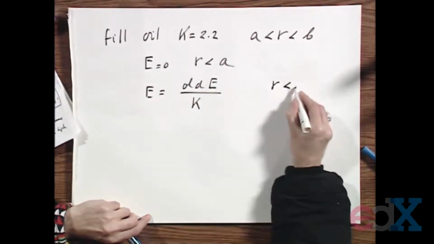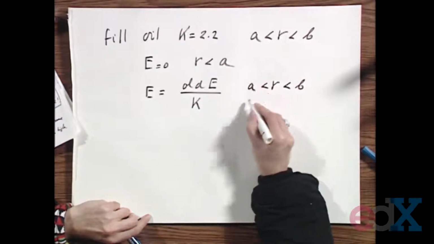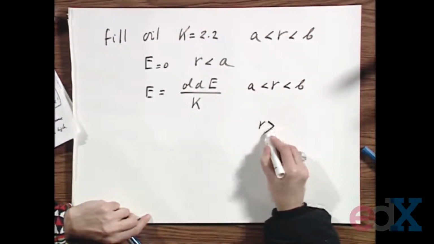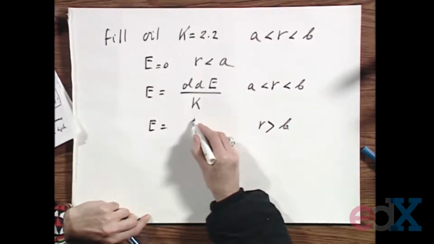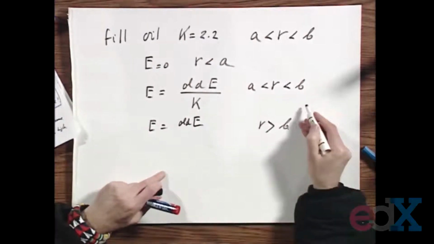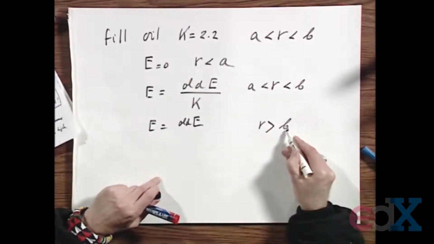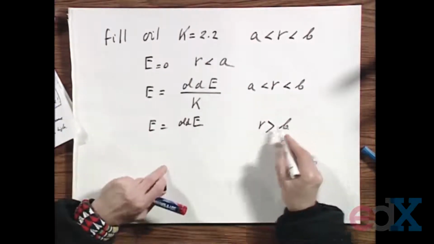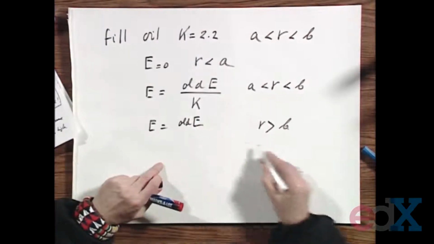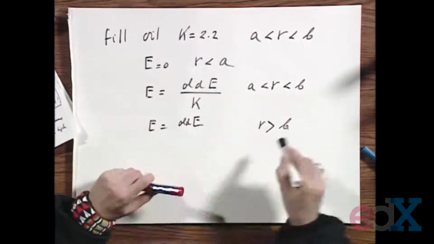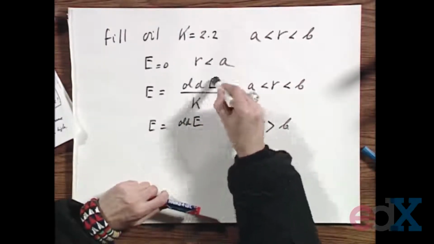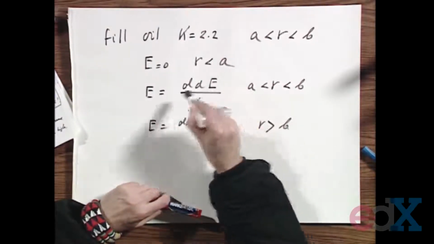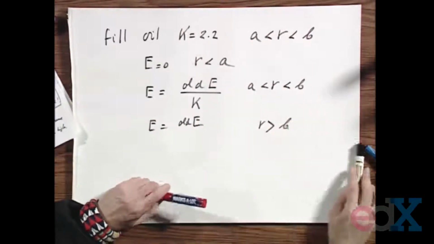That is for R between B and A. But for R larger than B, the old E does not change, because there is no dielectric outside the cylinder. So the old E that we calculated, which falls off as 1 over R, remains. So the only E that changes, that goes down by a factor K, is in between the two shells.